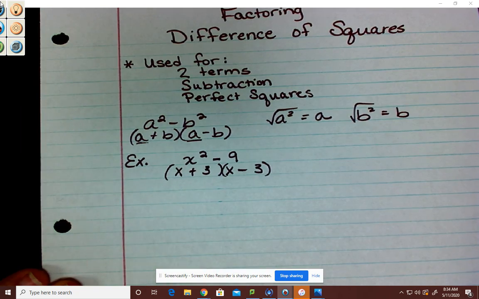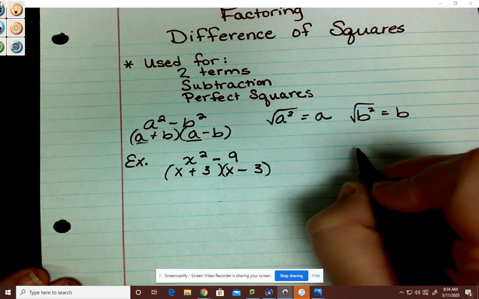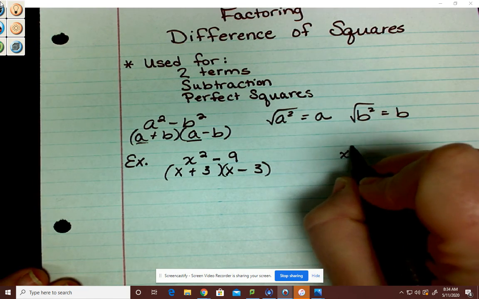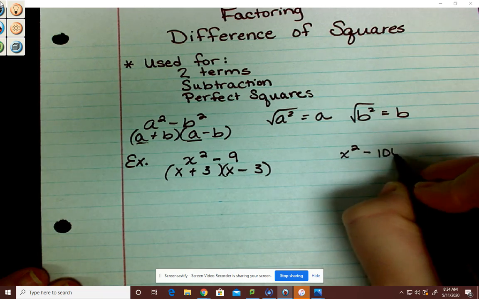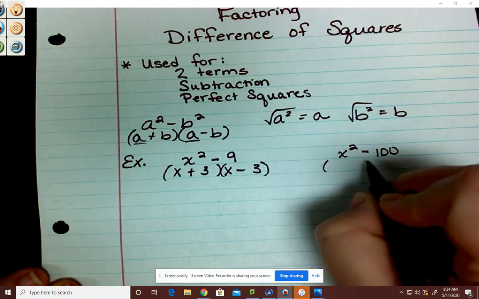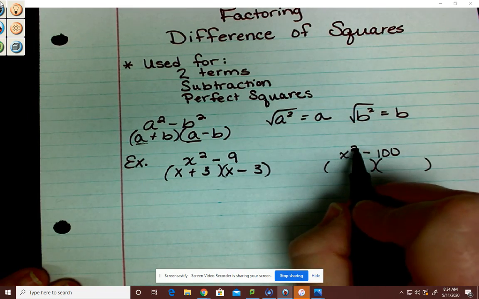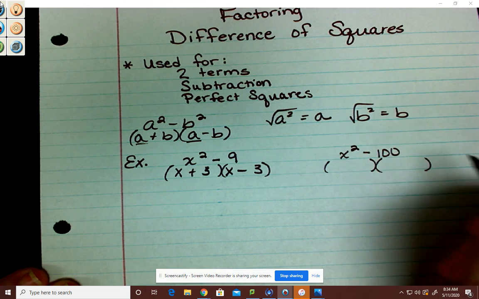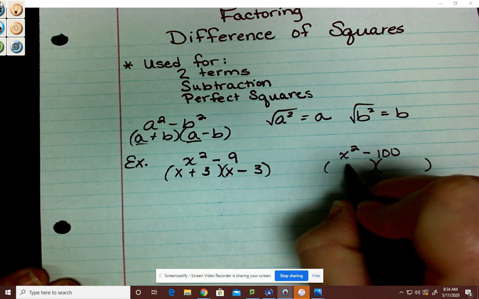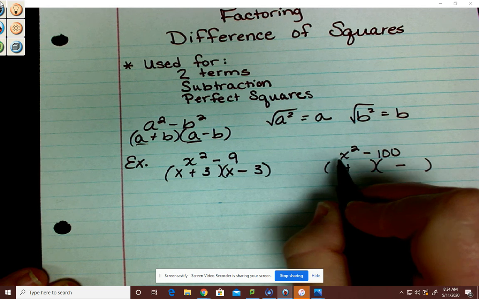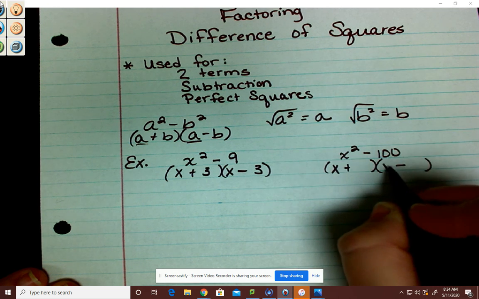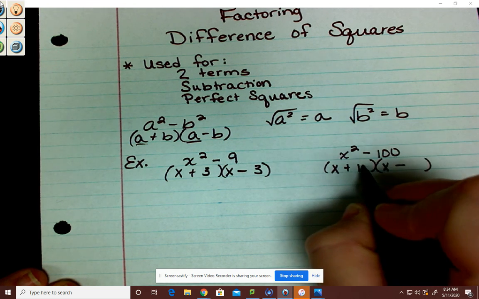And that's all we have to do. So let's say we have x squared minus 100. Two parentheses, it has an even exponent, 100 is a perfect square, it has subtraction, so we put opposite signs. The square root of x squared is x, the square root of 100 is 10.